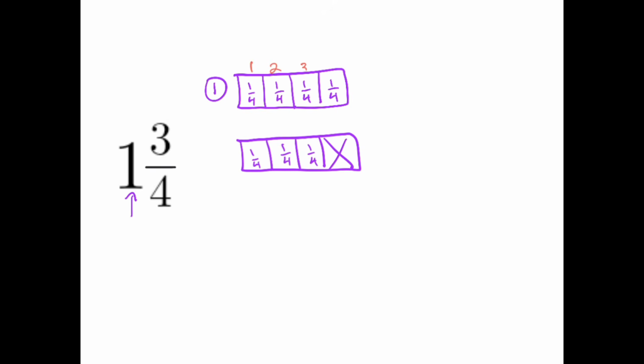We have 1, 2, 3, 4, which is why we take 1 and multiply it by 4. Then we are going to add the 3, these 3, which is 5, 6, and 7. So we have 7 of the fourths. So 1 and 3/4 is equal to 7/4.